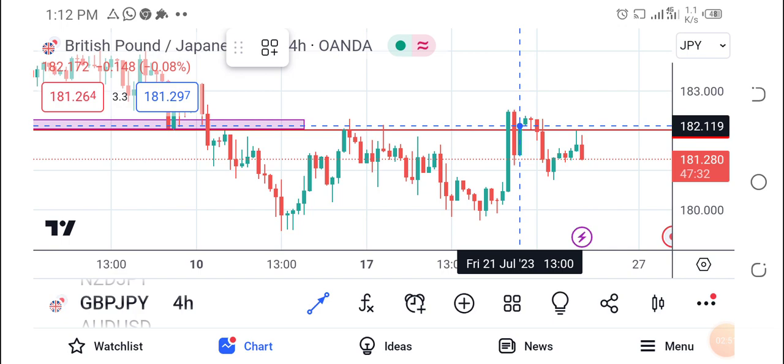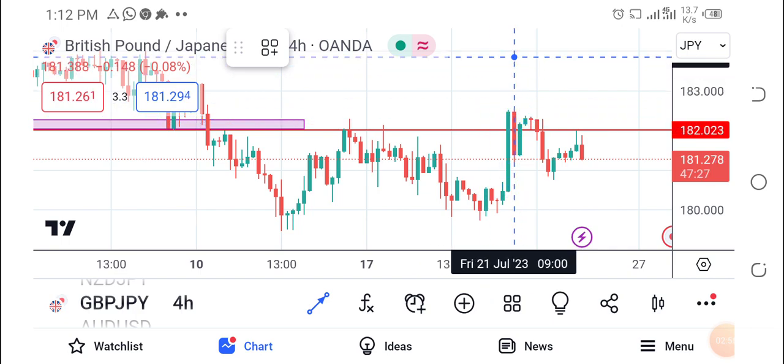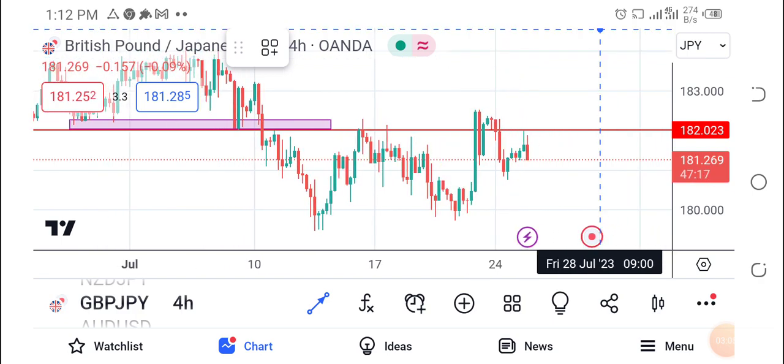So you can see that at this point the market is ranging from the 4-hour time frame, but we have already gotten a bigger picture and the market is tending towards the upside. So we'll begin to employ our tools in order to effect a proper analysis.